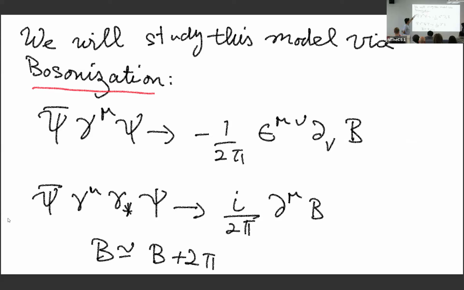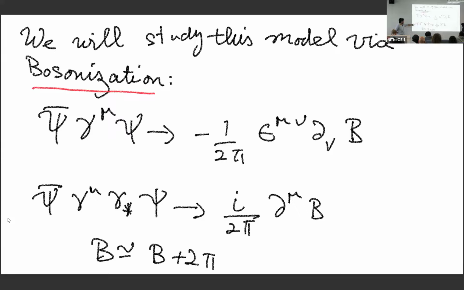In the bosonization transformation, you take this current, the fermion bilinear current, the U(1) current, and you write it down like this. You write it as the derivative of some scalar field times epsilon. This current is conserved trivially because the derivative of an antisymmetric object will just be trivially 0.